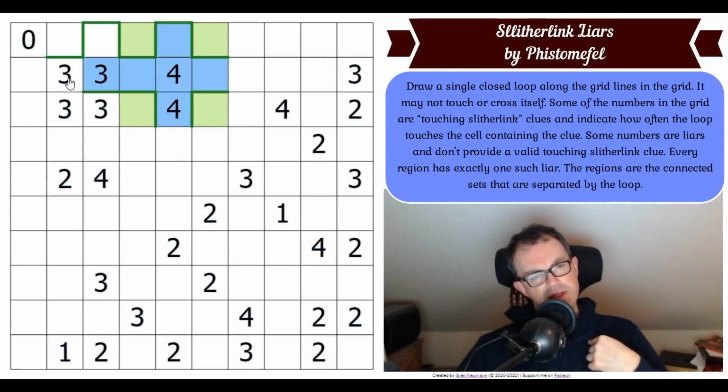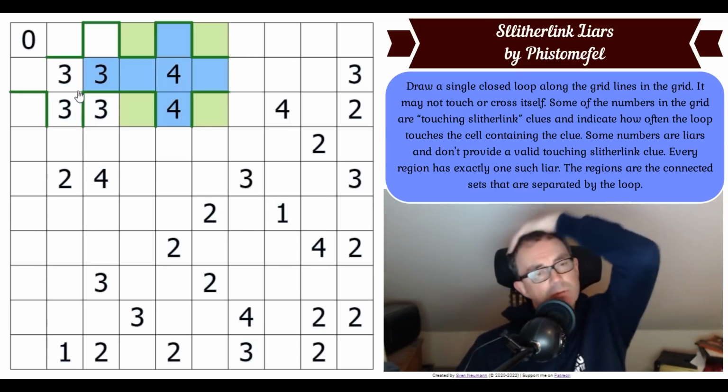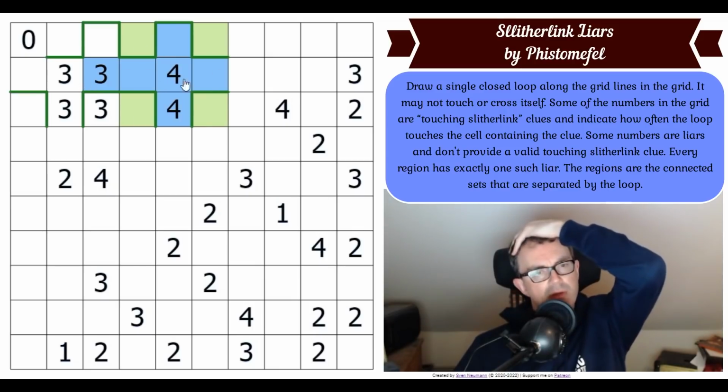Now this is inside the loop and would have to be correct, which would force that. And I need one more, so I have to do that. And that doesn't work either, because this one's now broken. But this is a massive long bifurcation from an assumption.